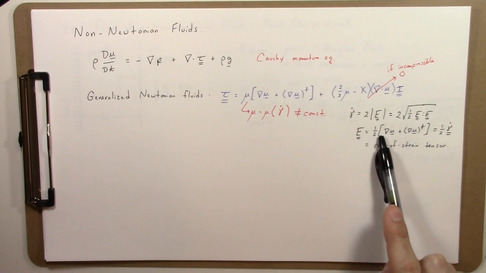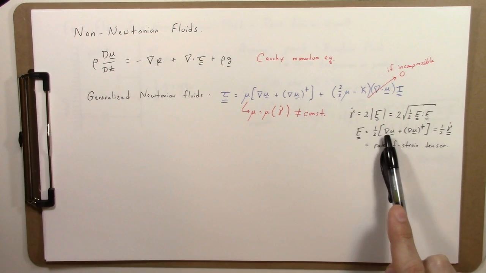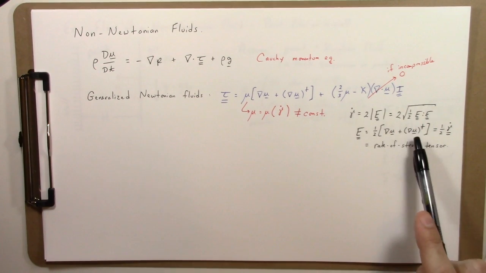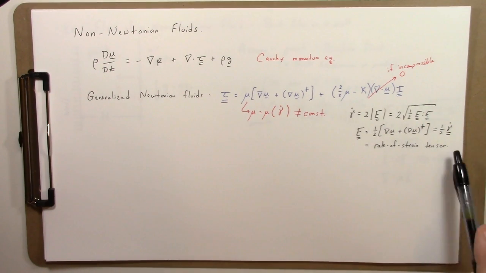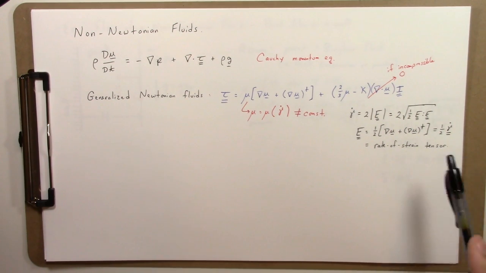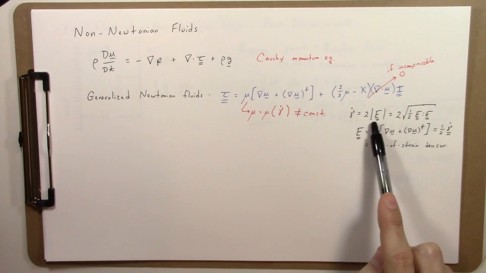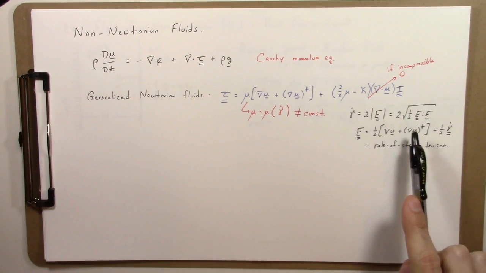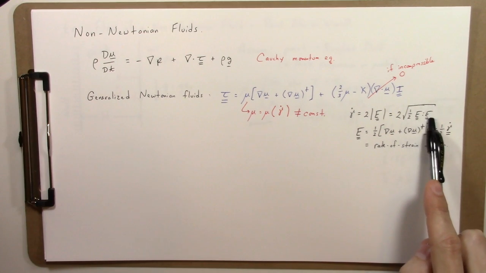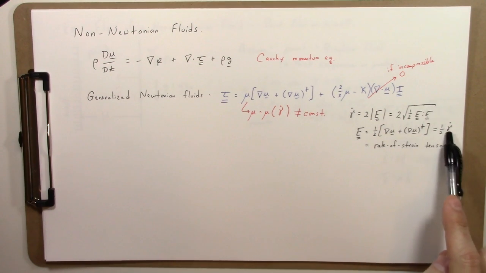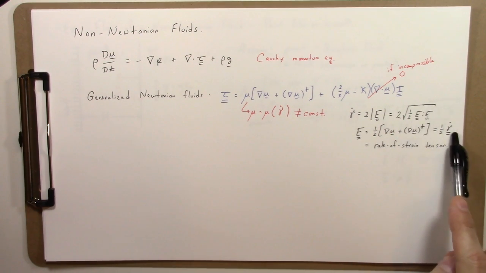So E was the symmetric part of the velocity gradient tensor, so it was 1/2 del U plus del U transpose, and then potentially other terms that we neglect if it's incompressible. Now for non-Newtonian fluids, they typically use this gamma dot tensor instead, which is twice E. So the magnitude of gamma dot is twice the magnitude of E, and that's found by taking the square root of 1/2 gamma dot tensor double dot gamma dot tensor.